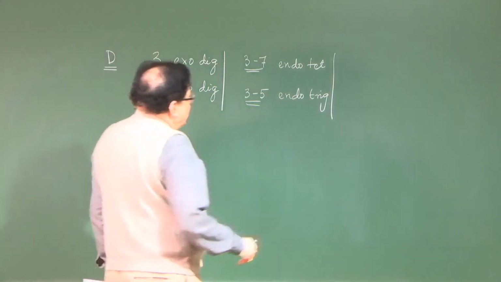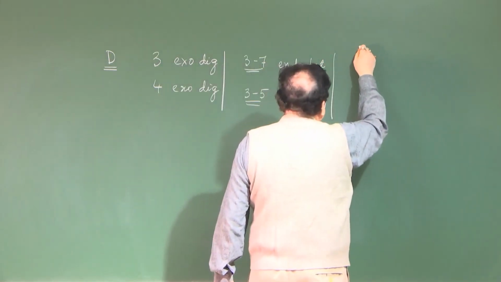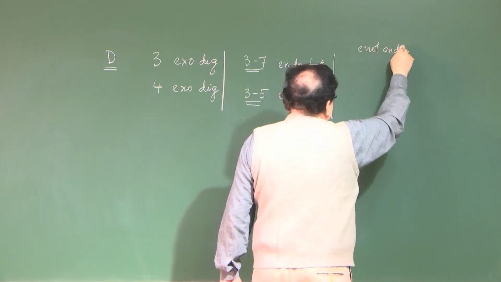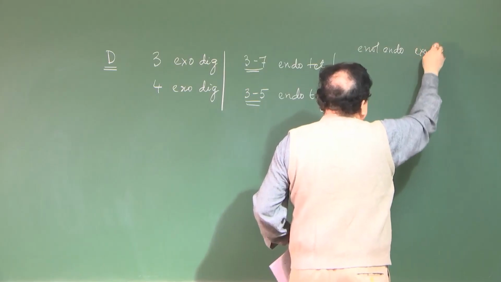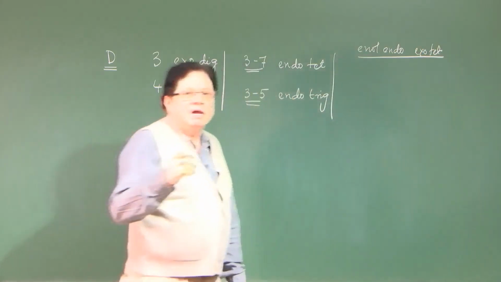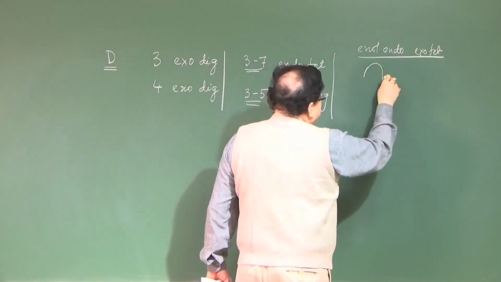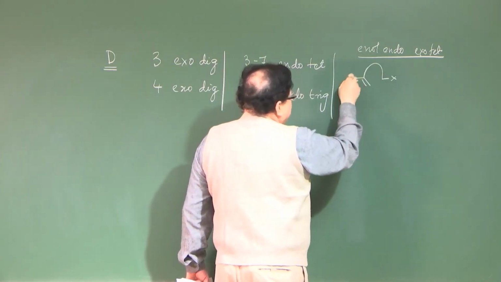And for the other type, that is the enol endo, and then you have exo tet, that is another type of cyclization. Remember, you have something like this, O minus.